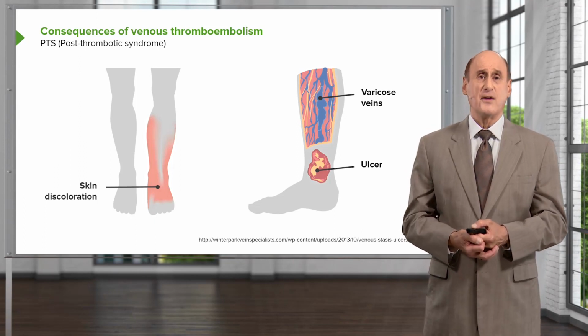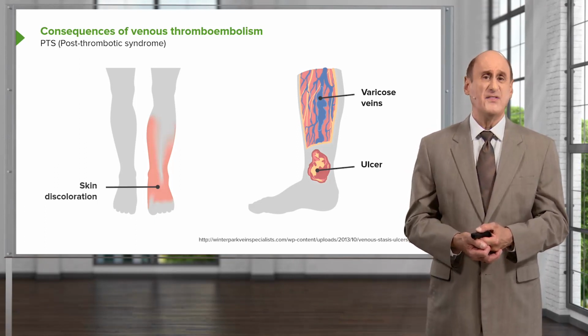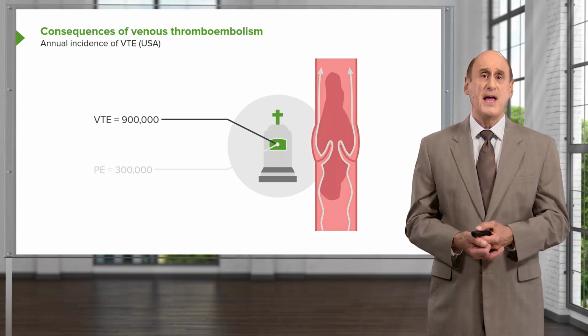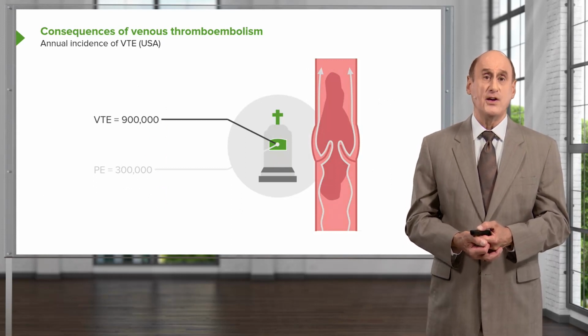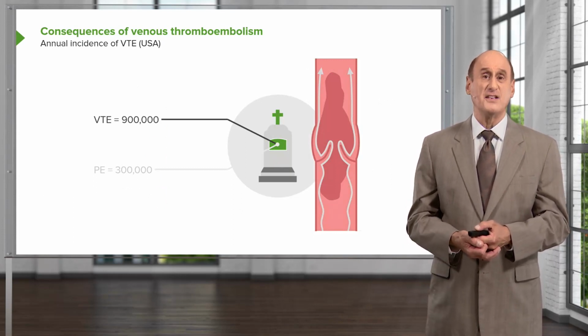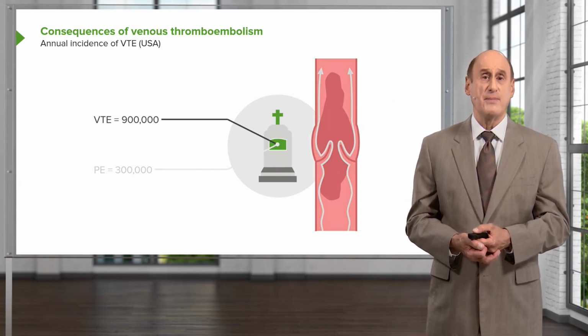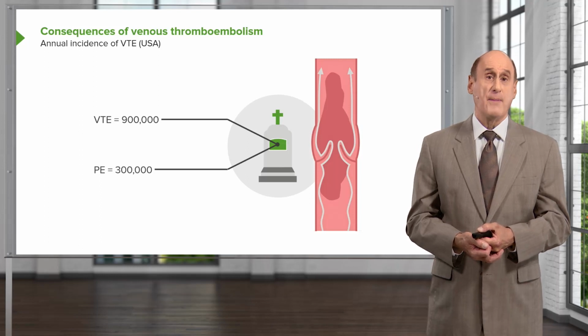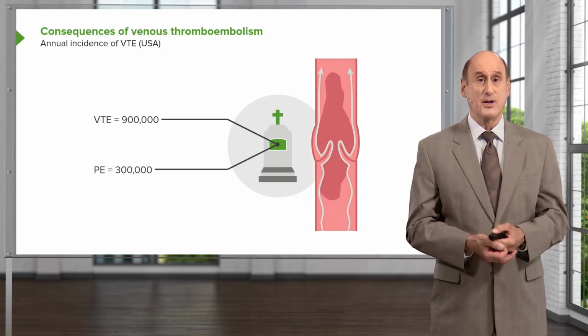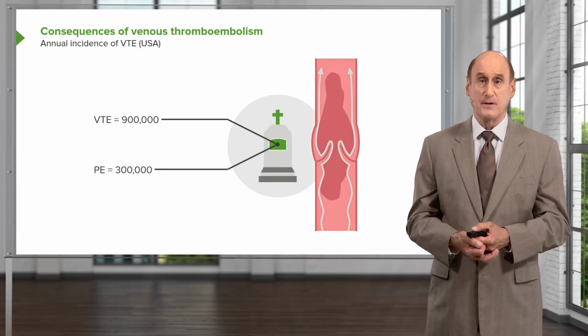Again, just to reiterate how common DVT is, patients in the United States in 1 year will have clinically evident venous thromboembolism, a total of 900,000 patients. And the deaths that are due to pulmonary embolism are about 300,000.